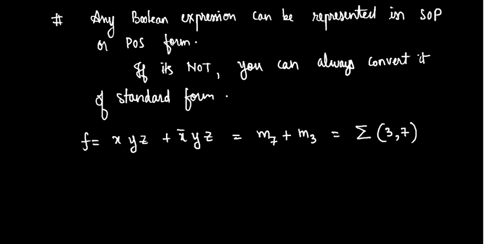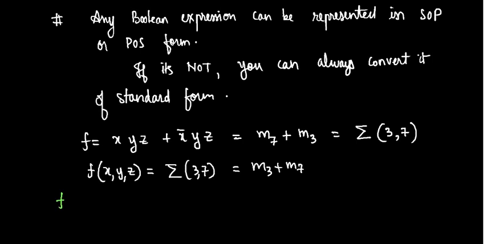Whenever I say f equals sum of 3 comma 7, you should know it's actually xyz. The best way would be f of x, y, z equals sum of 3 comma 7. This is a more compact expression, and I don't need to repeat xyz always. Or it would be m3 plus m7.